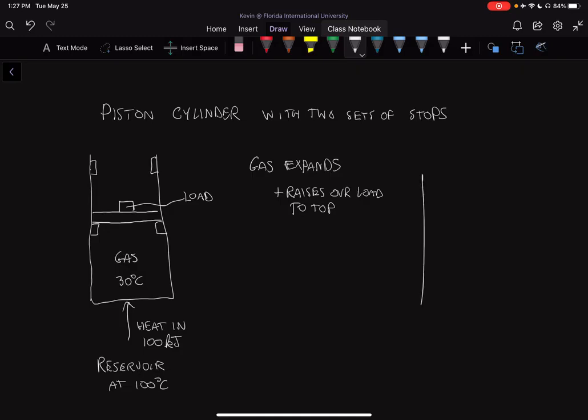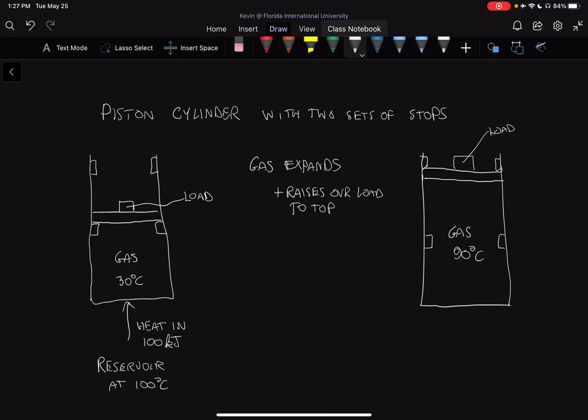So in a second instance, we can look at our system with the two stops at the bottom and the two stops at the top. We now have a system that has our piston cylinder at the top with our load on top of it. And our gas temperature is now something like 90 degrees. So our gas temperature has increased to 90 degrees.